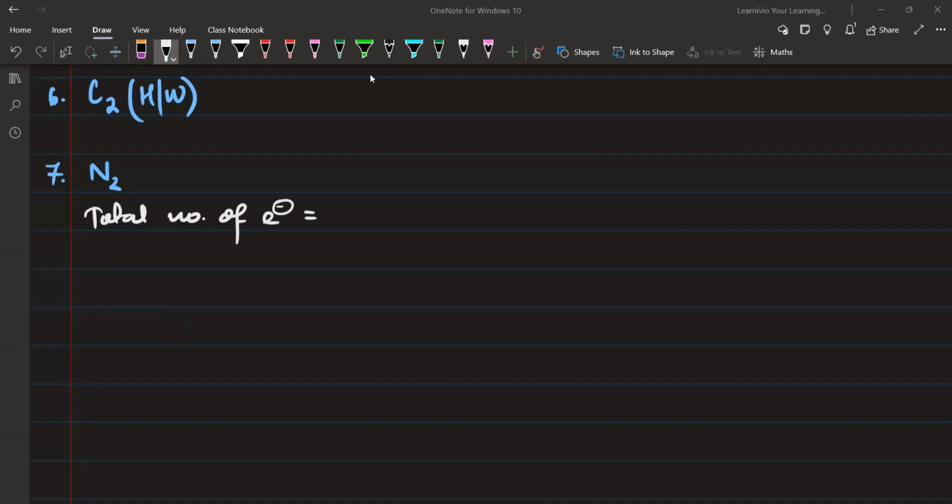How many electrons in nitrogen? 14. Very good. 14, that means case 1 or case 2? Case 2, still case 2, right? So molecular electronic configuration.